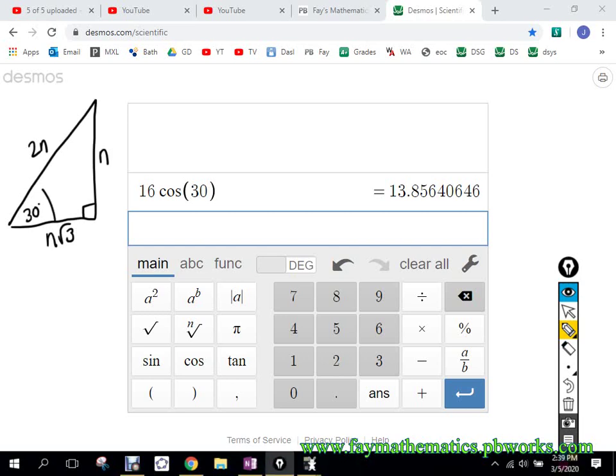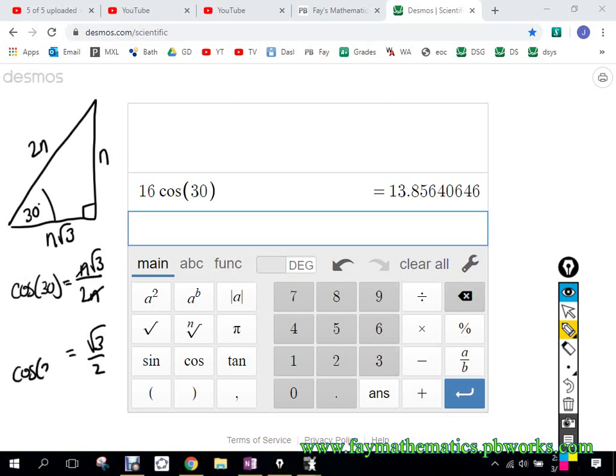When I ask for the cosine of 30 in this picture, it is n radical 3 divided by 2n, right? What's going to happen with those n's? Cancel out, right? So it's no longer algebraic, it's radical 3 over 2.